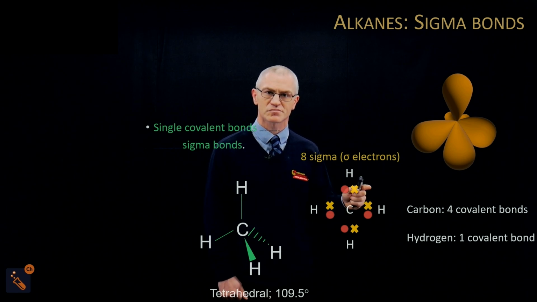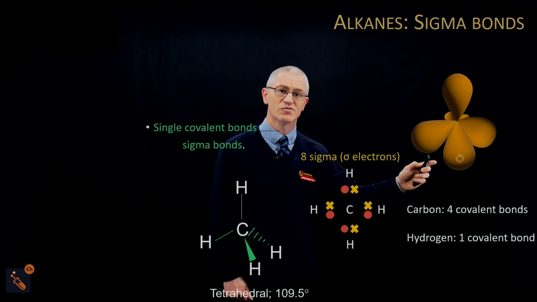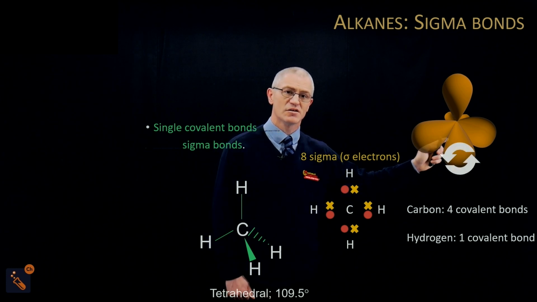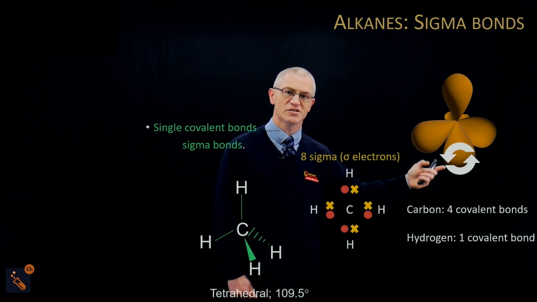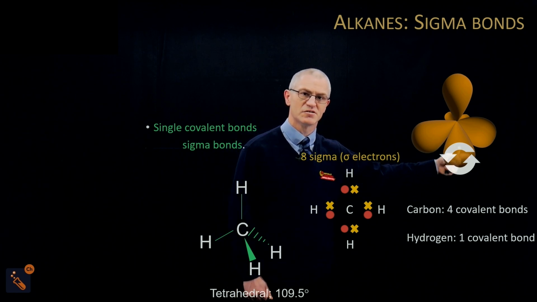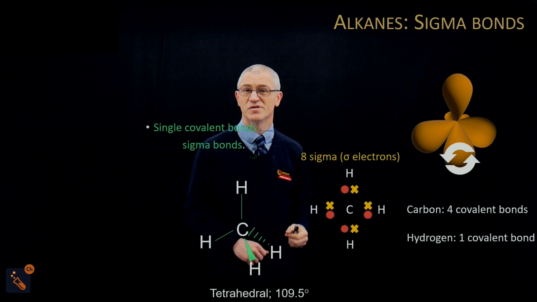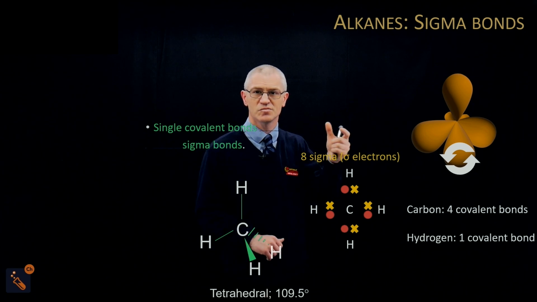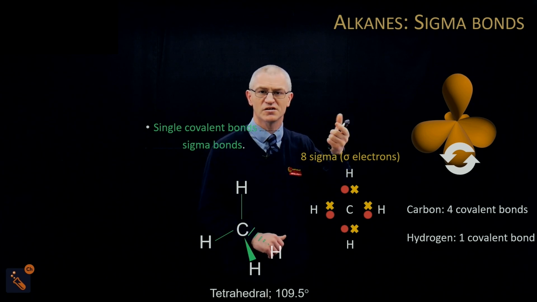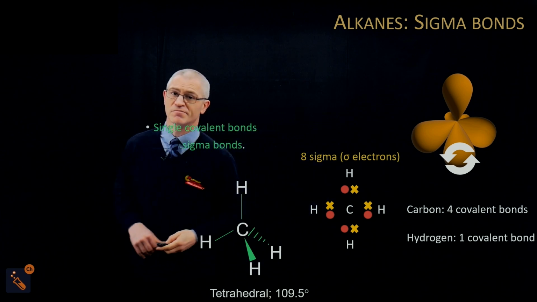Now, with these different bonds, you can then see that around one of them, we're showing here that they rotate, like this. That's what we call free rotation. So these lobes will turn like that freely.